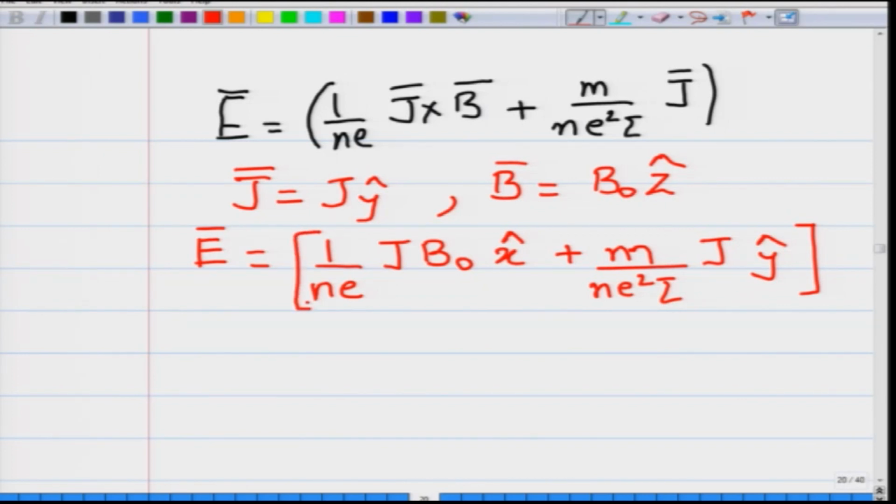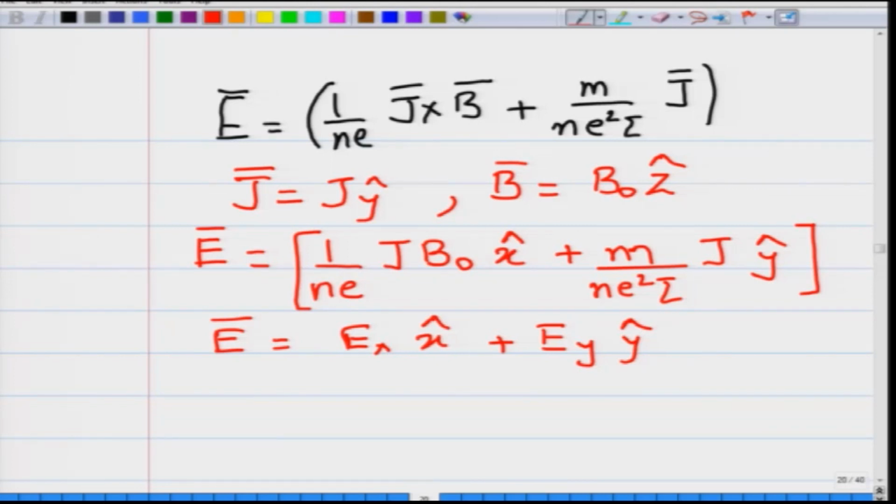This is your net electric field, and you can now consider that your electric field has two components: one along the x cap direction and the other along the y cap direction. You can see that when you apply the magnetic field, the electric field has not only a y component but also an x component.